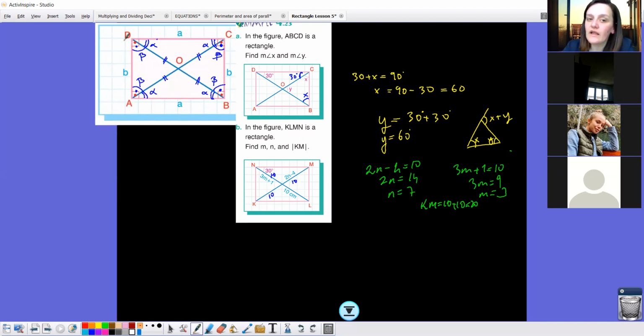And when we are drawing the diagonals, we said that there are two different isosceles triangles here, like DOC and AOB. They are congruent isosceles triangles, and AOD and BOC are another two congruent isosceles triangles.